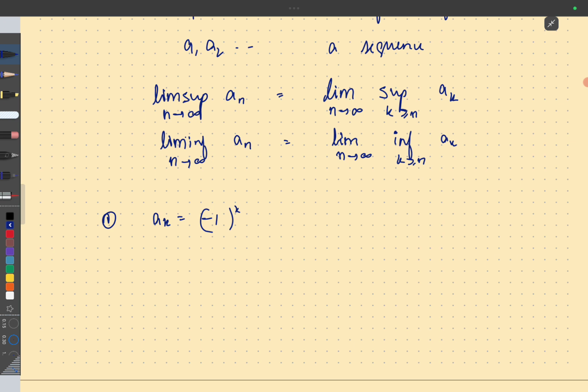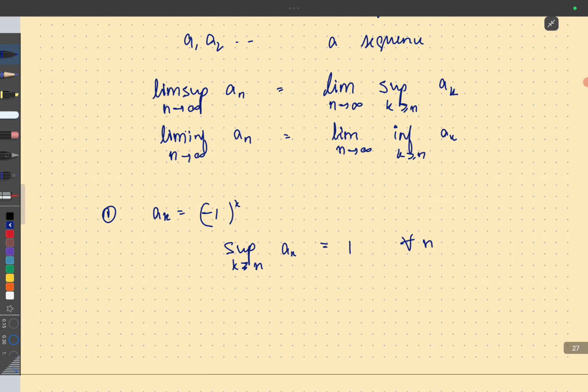Let's fix a particular n. What is the supremum over k greater than or equal to n of ak? For any n, it's equal to plus 1, right? The only values that ak can take are either plus 1 or minus 1. So the supremum is over just a finite set, and it is equal to plus 1. And this holds true for all n.